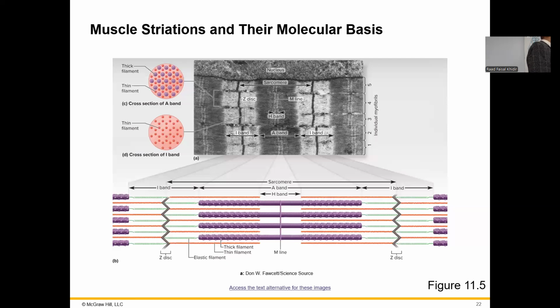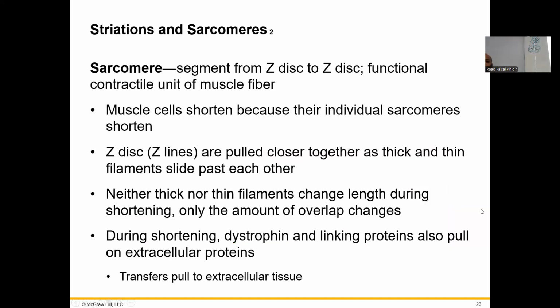When the sarcomeres contract, that is going to cause the contraction of the muscle, because the sarcomere got shorter.